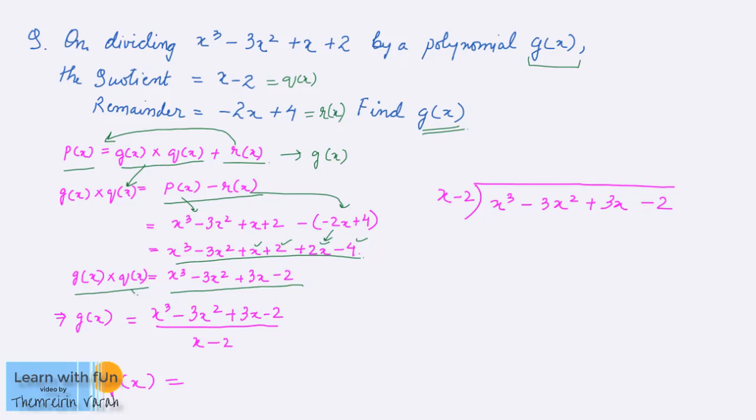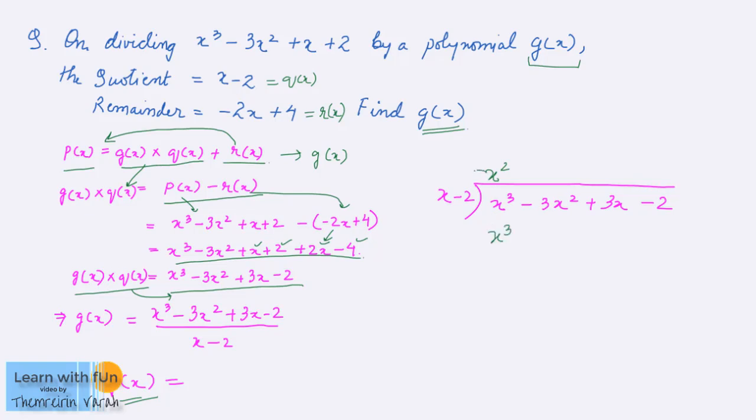To get gx, we divide by qx, that is we divide x cube minus 3x square plus 3x minus 2 by x minus 2, so that we can get gx finally. Using the division algorithm, we multiply x by x square to get exactly x cube.